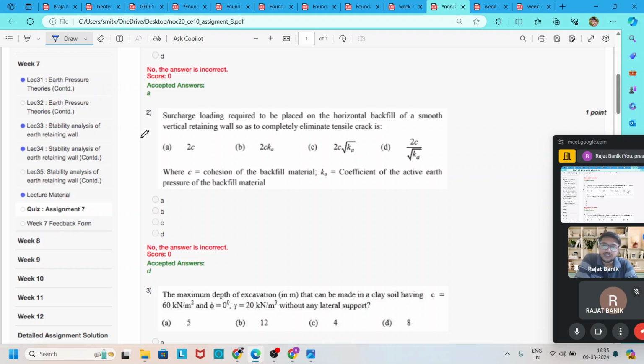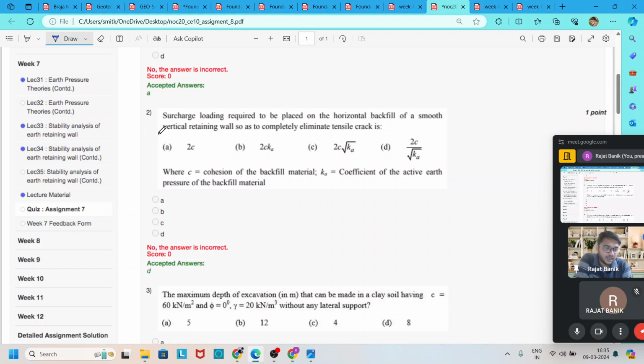It says that the surcharge loading required to be placed on the horizontal backfill of a smooth vertical retaining wall, so as to completely eliminate the tension crack, is. So if we place surcharge loading at the top of the horizontal backfill where a smooth vertical retaining wall is present, what is the value of the surcharge to completely eliminate the tension crack?